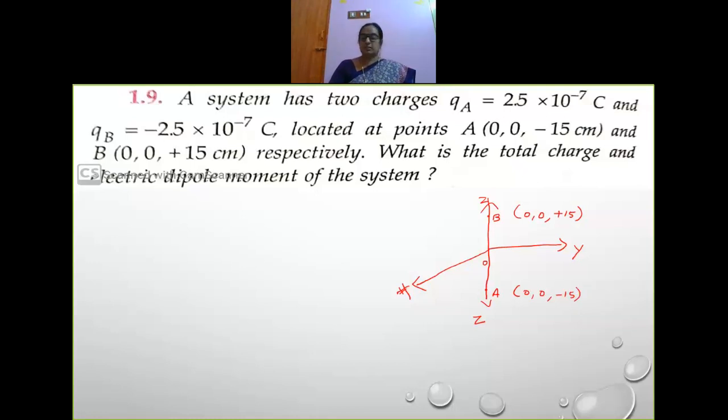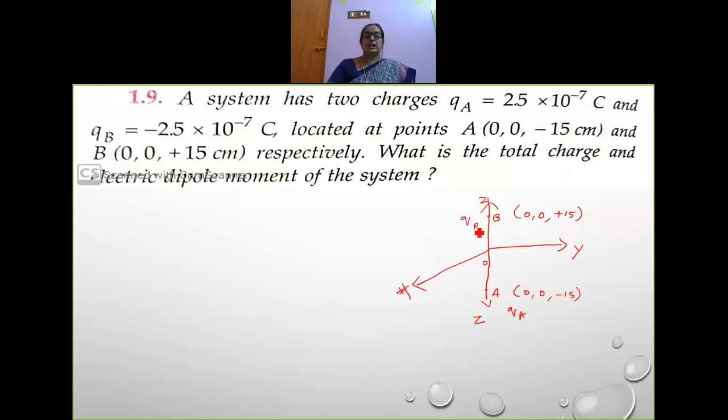Okay. Now which is QA? This is QA and this is QB. So they have given the value of charges also. Now I need to find out what is the total charge. Total charge here is 0. Why is it 0?